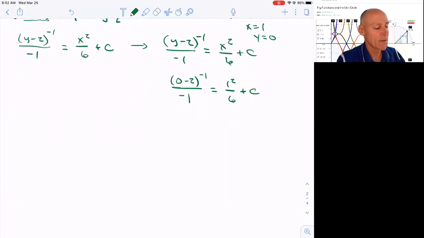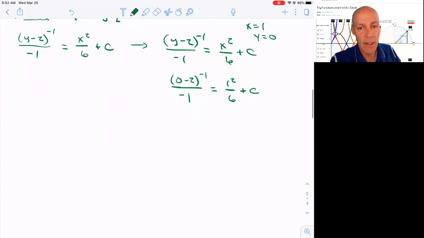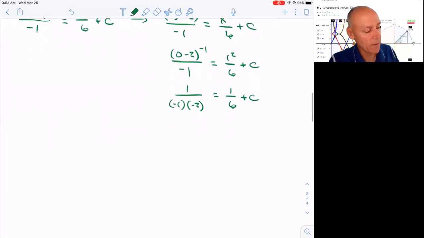Okay, so this is going to be 0 minus 2 is negative 2. Negative 2 to the negative first is going to bring this negative 2 down to the denominator. And so I'm really going to have 1 over negative 1 times negative 2 is equal to 1/6 plus c. So on the left side, I'm going to have 1 over 2 is equal to 1/6 plus c.